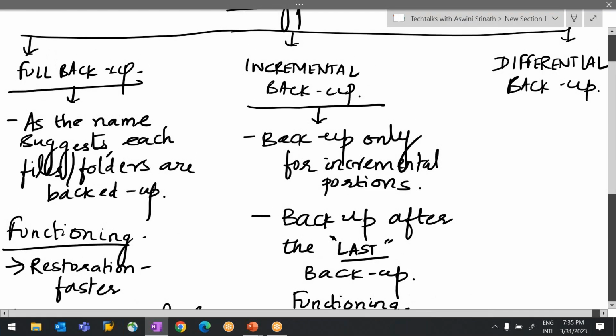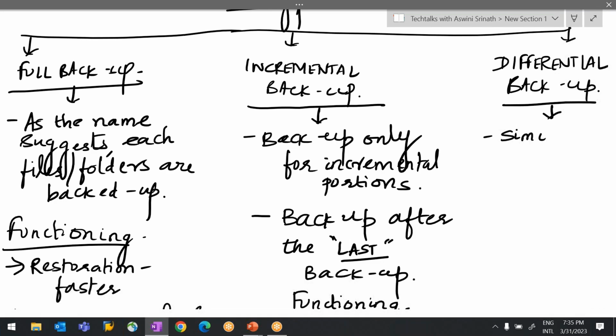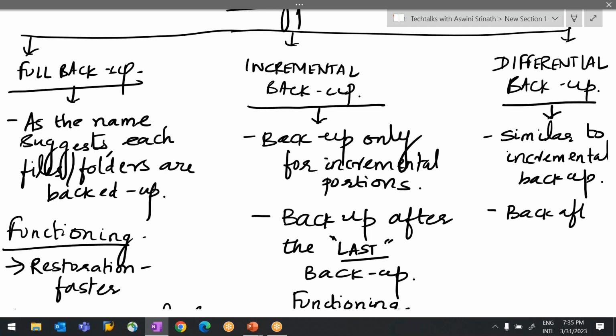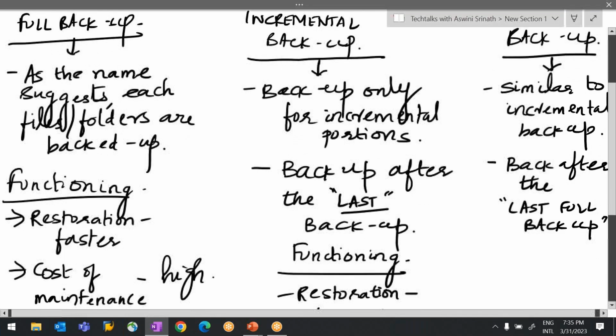On the differential backup, what is differential backup? This is similar to incremental backup. However, it considers the backup after the last full backup. That is the importance of differential backup.